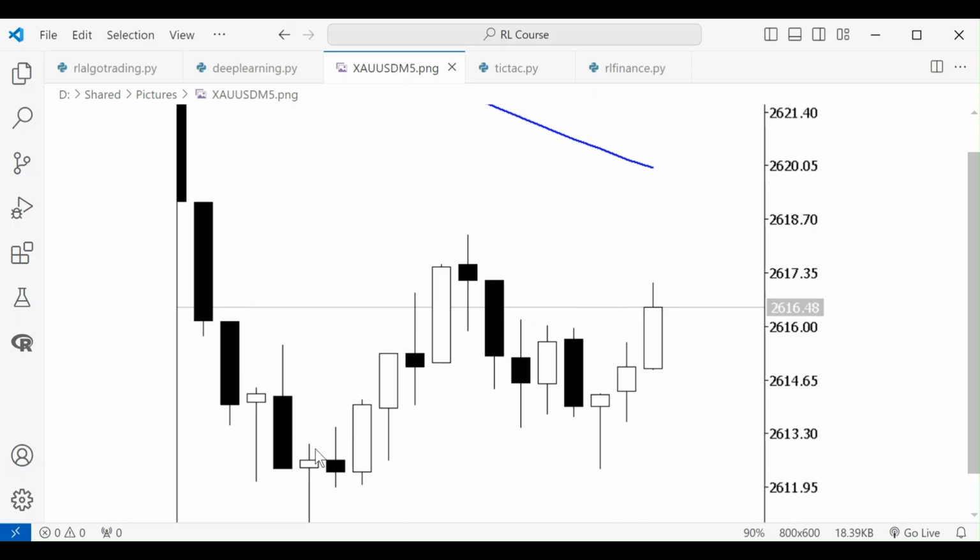In 1 hour there are 12 5-minute candles. So this is the 1 hour candle. So I'll shift this candle to this candle column, right? And then I'll take the difference of open and close, right?